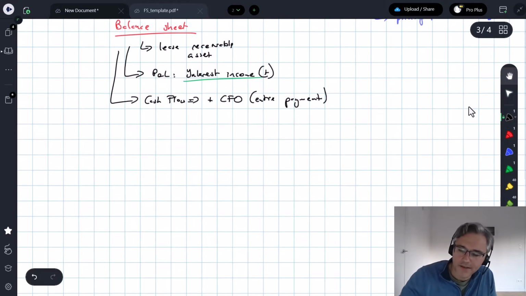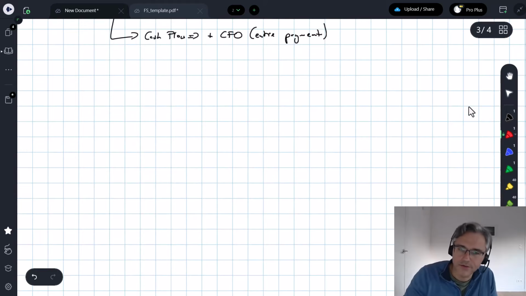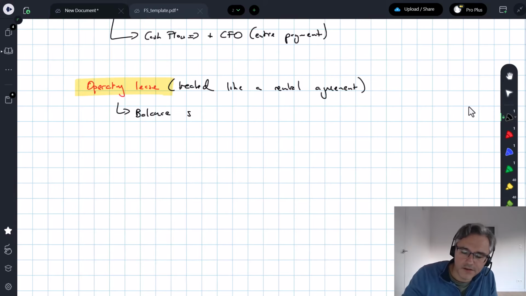On the other hand, once again, we're talking about lessors, right? If the lessor is involved in an operating lease, then this gets treated as if you were the owner of something that you're renting out to others, so treated like a rental agreement. Just because you're renting something out to others temporarily doesn't mean that in the balance sheet you should remove it.